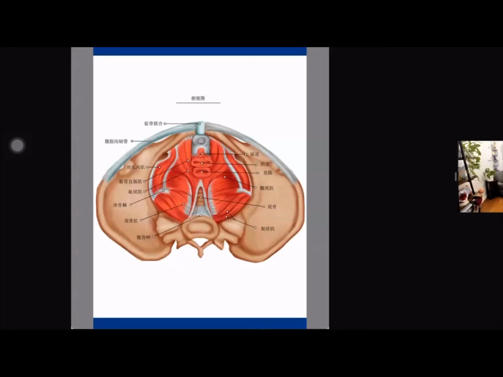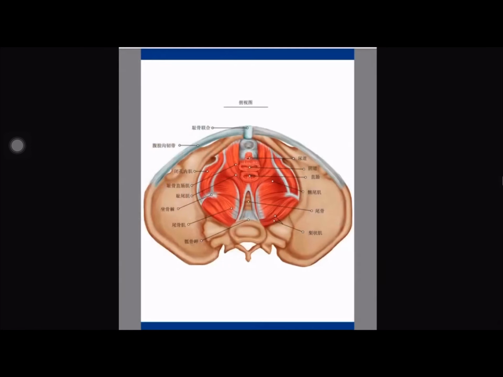Right. So now let's look at the muscles that we are really going to be focusing on today, which are the deep muscles of the pelvic floor. So if we look from the inside, as though we're looking down into the pelvic floor, you can see that there are muscles that surround all of the openings.